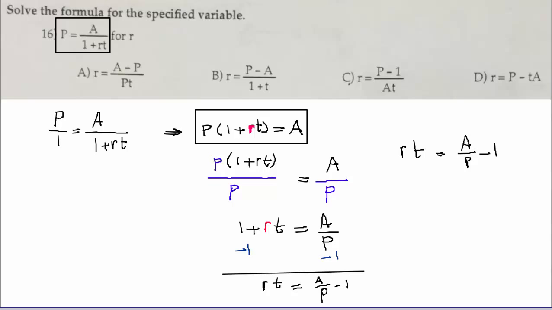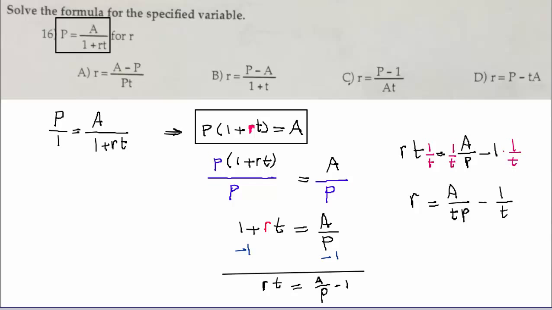Okay, so if I multiply each term by 1 over T, we have 1 over T here, 1 over T. So this is how you isolate R. So R then would be equal to A over TP minus 1 over T. Does that make sense?